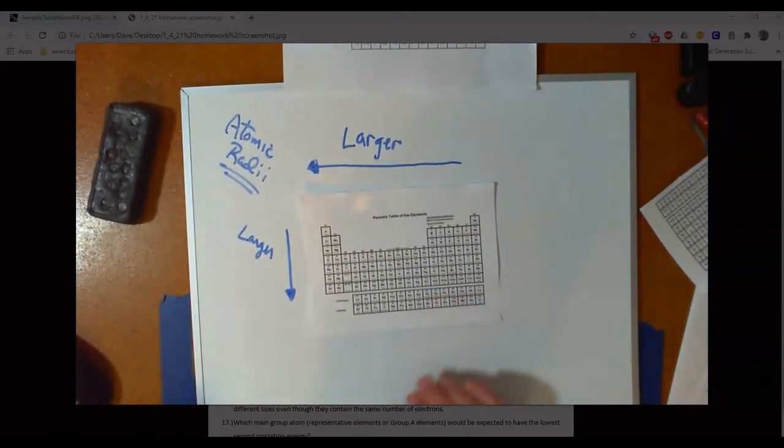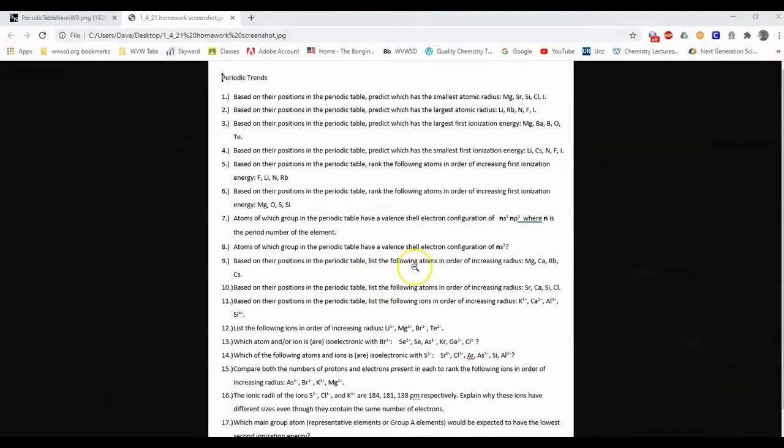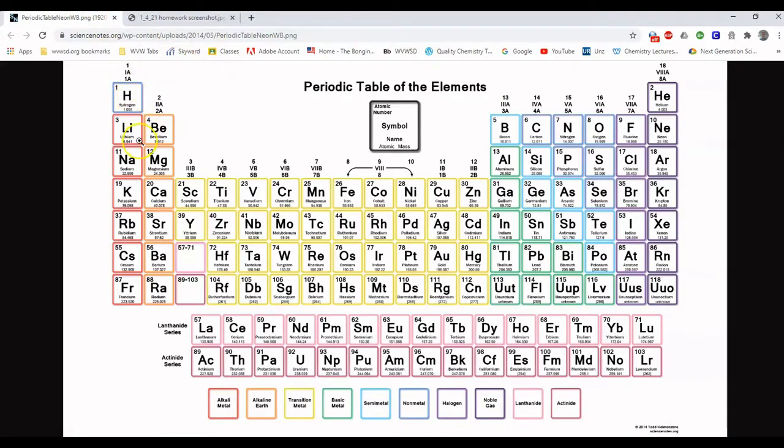Let's take a look at the elements that we're dealing with here. Let me mark these off on the periodic table. The first one is magnesium, this one right here.